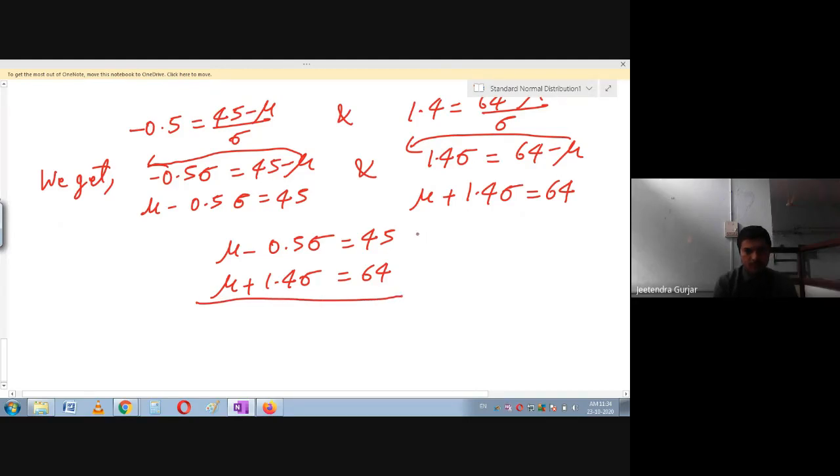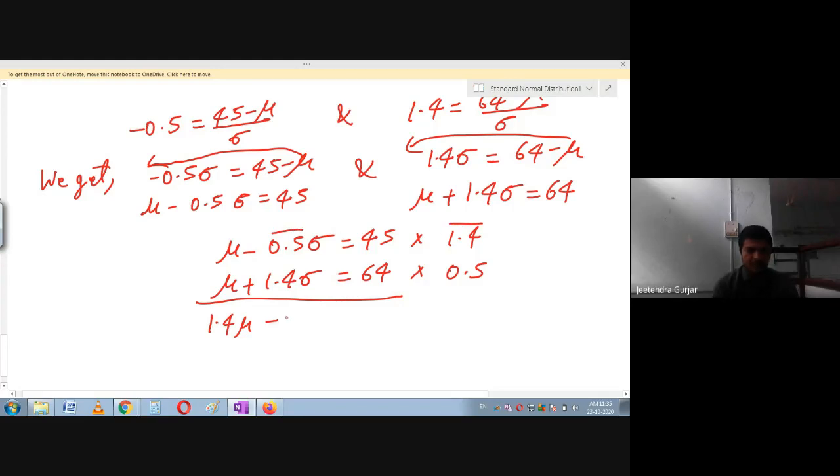I want to cancel, so I will multiply by 1.4 here and by 0.5 here, interchanging the values.